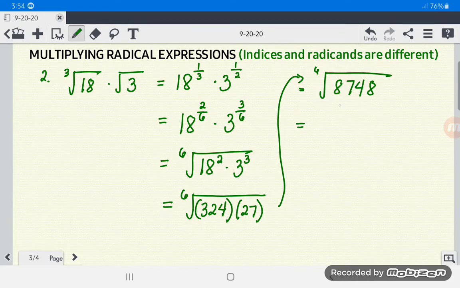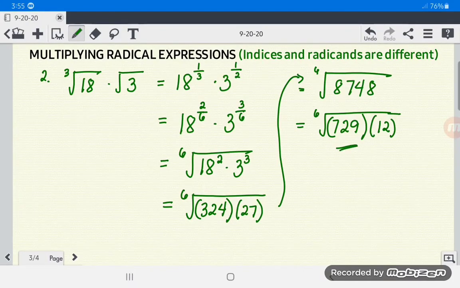Now, since 8,748 has factors wherein one of them is a perfect 6th power, we're going to factor it. That is 729 and 12. 729 is a perfect 6th power factor, and the 6th root of 729 is 3.